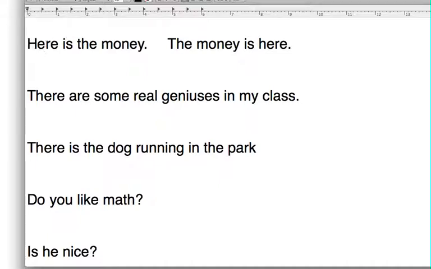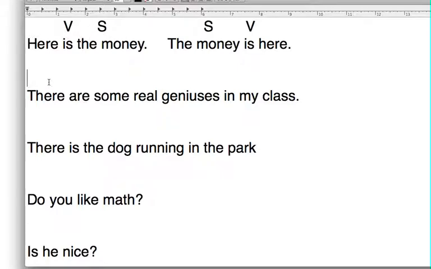Why do we do it? We emphasize that it's here, right? So I might be holding it out to you and showing you, oh, here is the money. So the verb is still going to be is, and the subject is still going to be the money, just like it is in this sentence. So often when we start with the word here or the word there, it reverses the order of the subject and the verb.